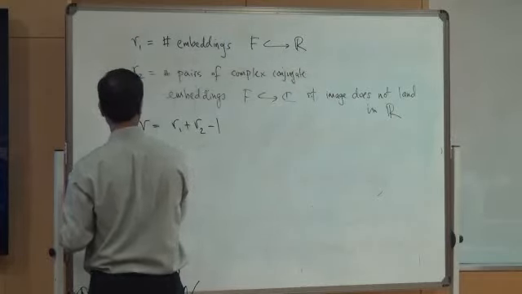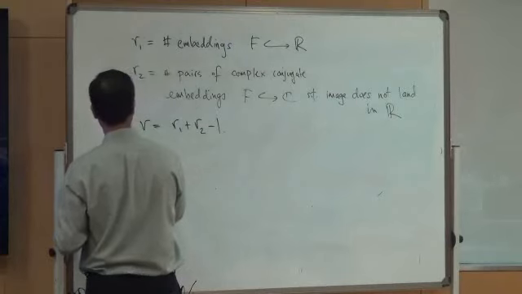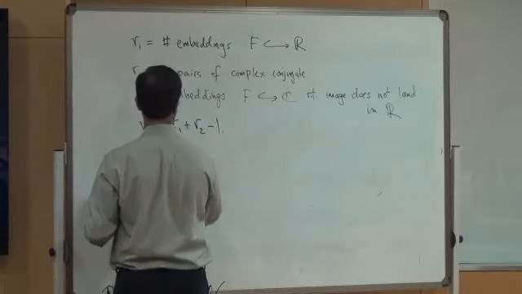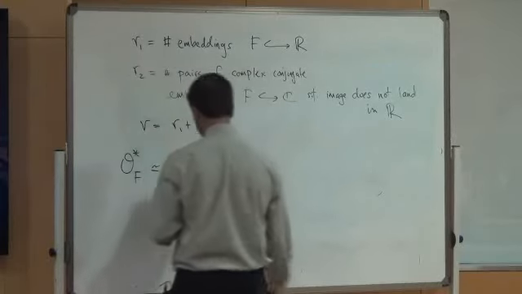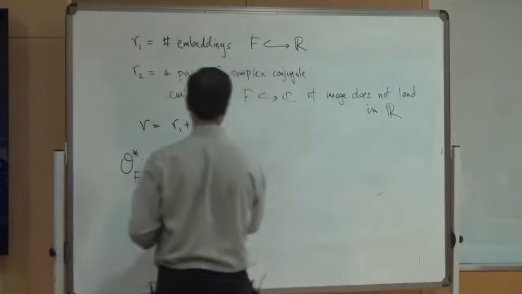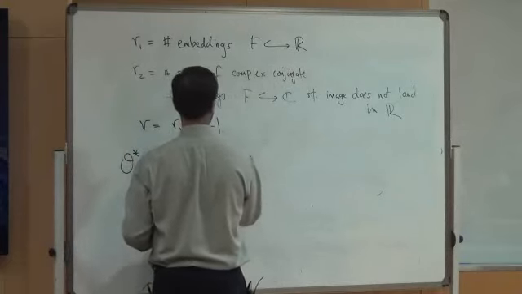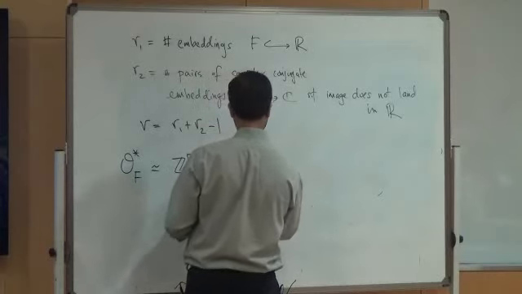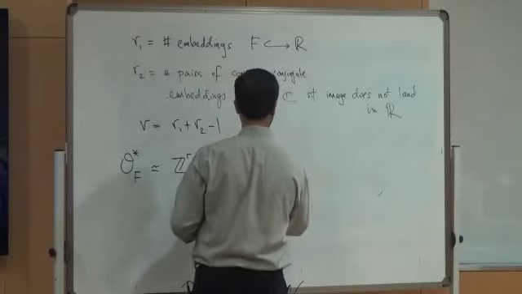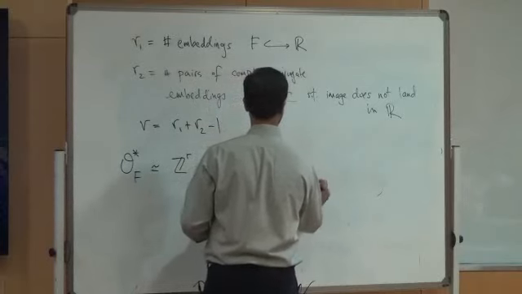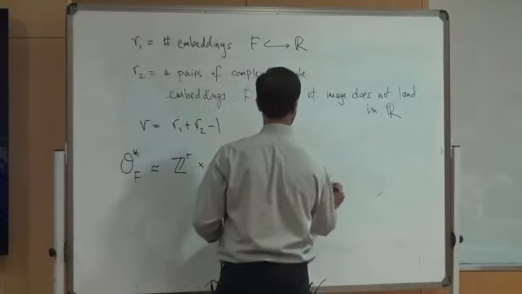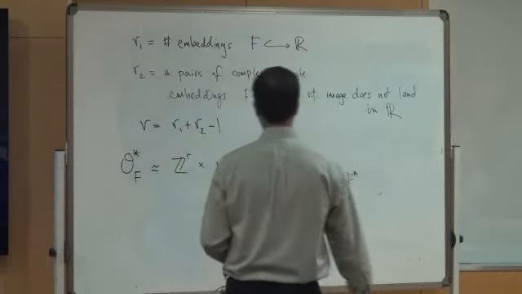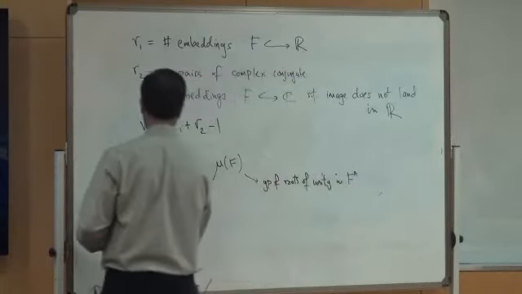So it turns out, it's called the Dirichlet unit theorem, that O_F star is a finitely generated abelian group. It's isomorphic to Z to the r cross a finite cyclic group of roots of unity, which is called mu of F. So there's a finite cyclic group of roots of unity, and its size is what w_F is.